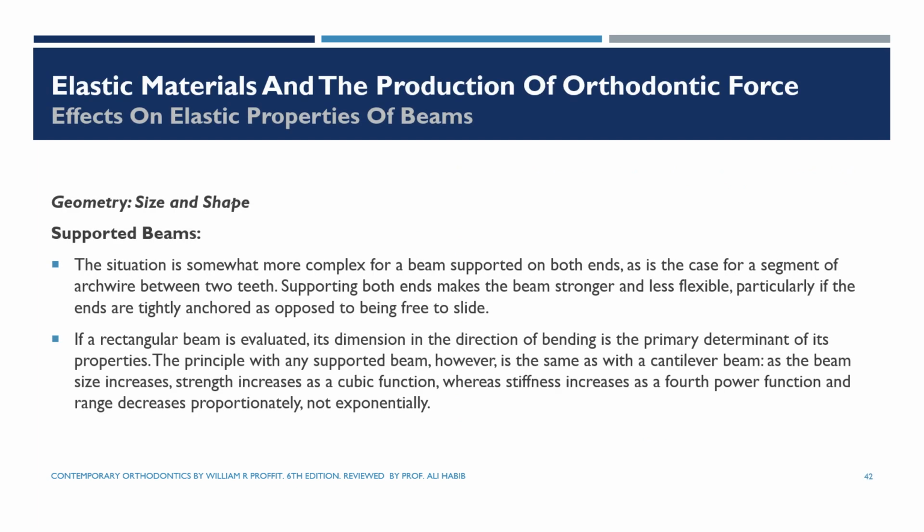With supported beams the situation is a little more complex because it's more supported, so we expect the beam to be stronger and less flexible, particularly if the ends are tightly anchored as opposed to being free to slide. In a rectangular wire, not a round wire, the dimension in the direction of bending is the primary determinant of its properties, not the other dimension.